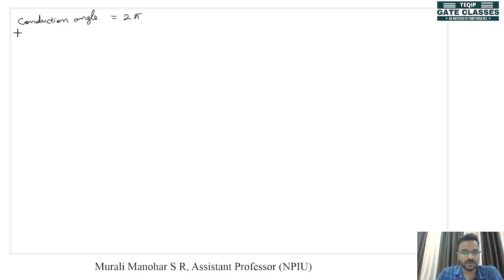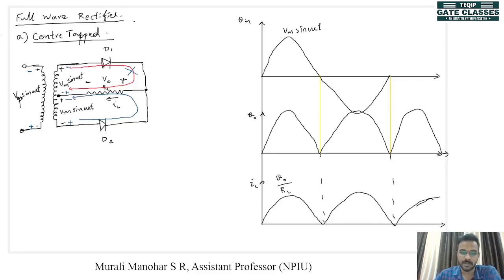Now as usual, we need to find the performance parameters. First parameter is average value. This is the output DC value. Now when we try to find out the average value, we have to actually look at the output voltage profile. So when we look at the output voltage diagram, we can see the period of the output voltage. How much is the period? Not time period.